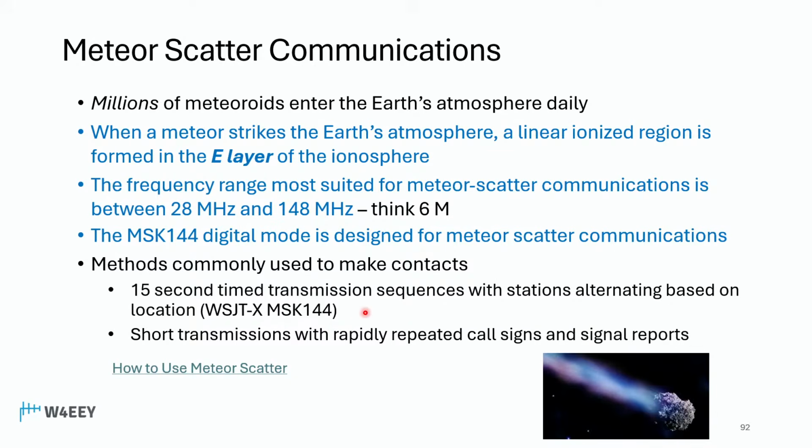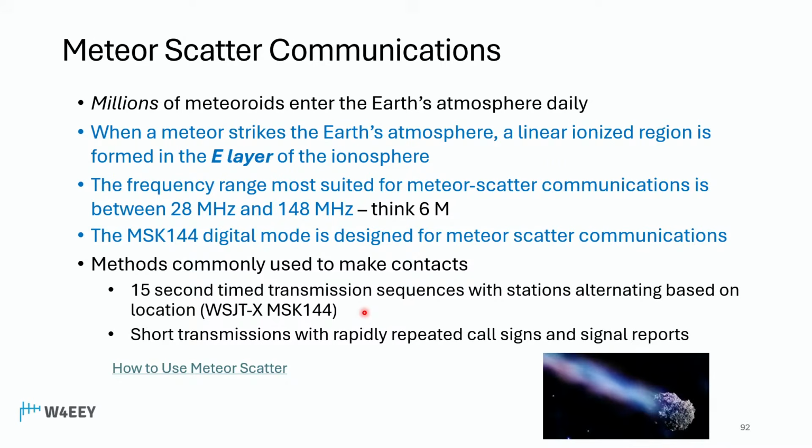So I might be sending out a CQ on 6 meters using this mode, and that path is gone by the time somebody has heard me and tries to respond. But they can respond and they might come back on another meteor trail.